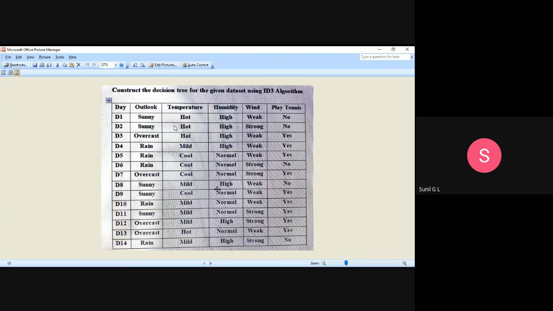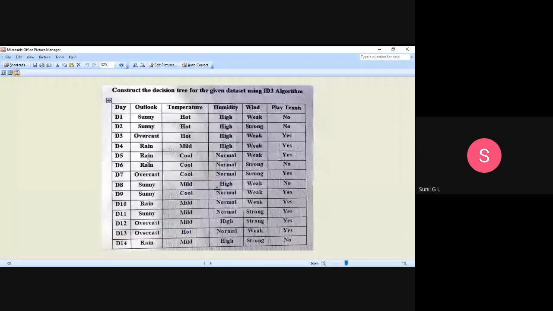First I will concentrate on outlook. Now I will calculate the information gain of the outlook. First I need to identify the different values for the outlook. In outlook we have sunny, overcast, and rainy, 3 values.